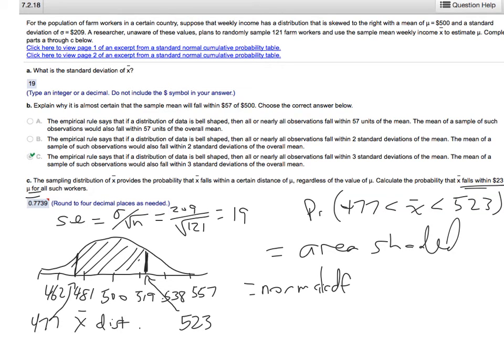We can tell it where to start shading, where to stop shading. So that's what our normal CDF function looks like. Just tell me where you want to start and where you want to stop, going left to right. So starting at 477 and shading, shading, shading up to 523. So that's what those numbers are.